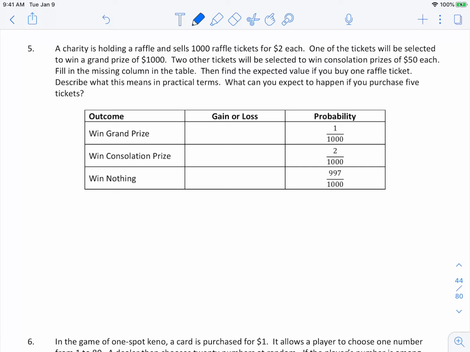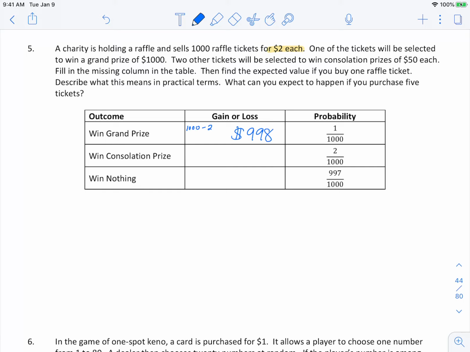So first, let's fill in the table. Now, these are being sold for $2 each. So if you win the grand prize, you win $1,000. But you purchase your ticket for $2, so your gain is $998.